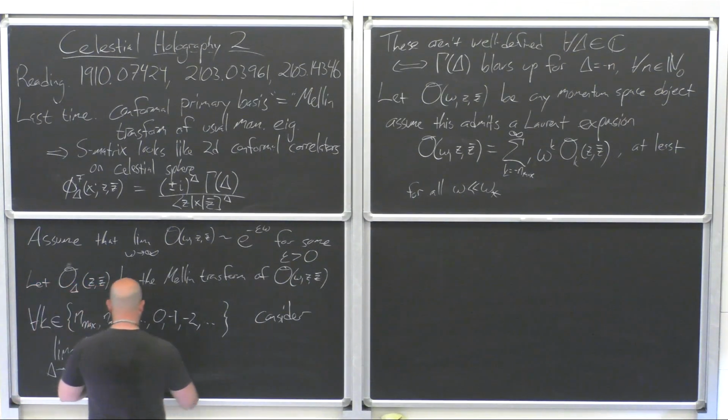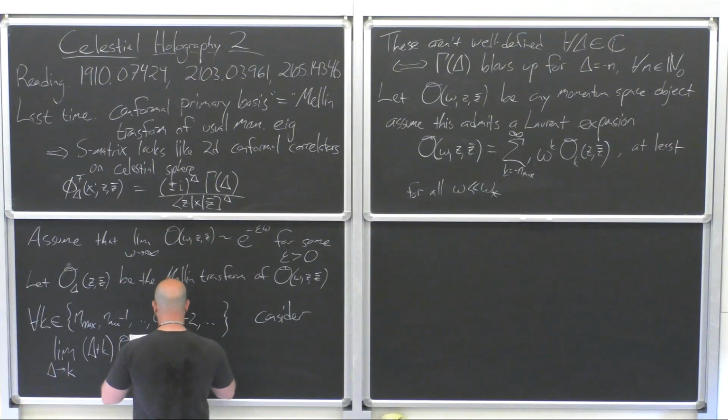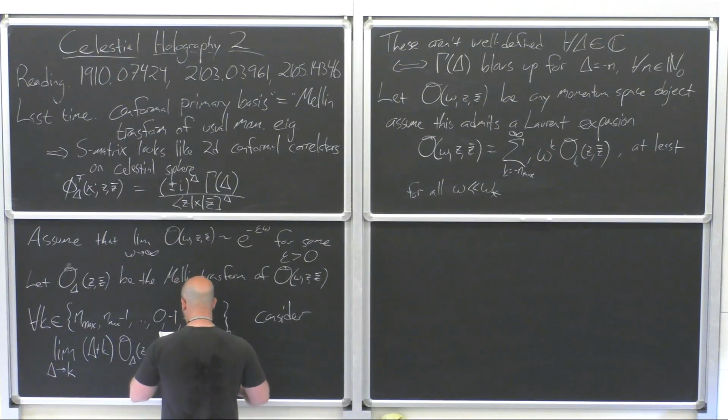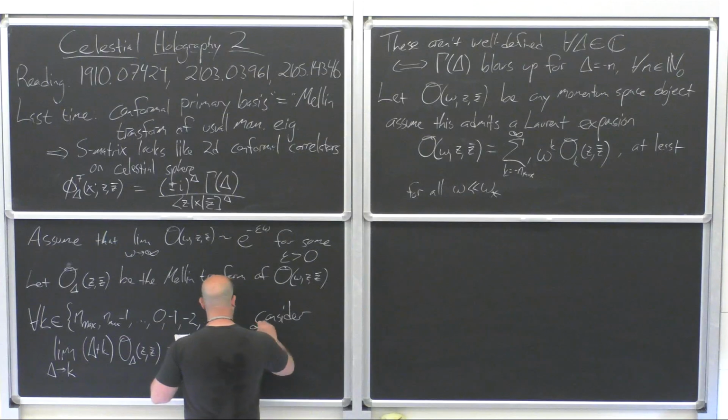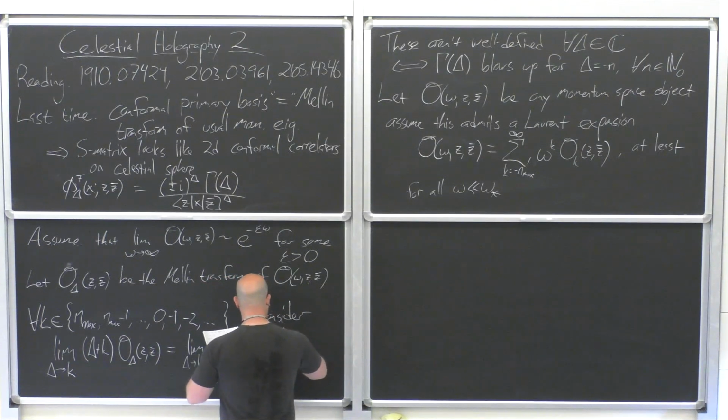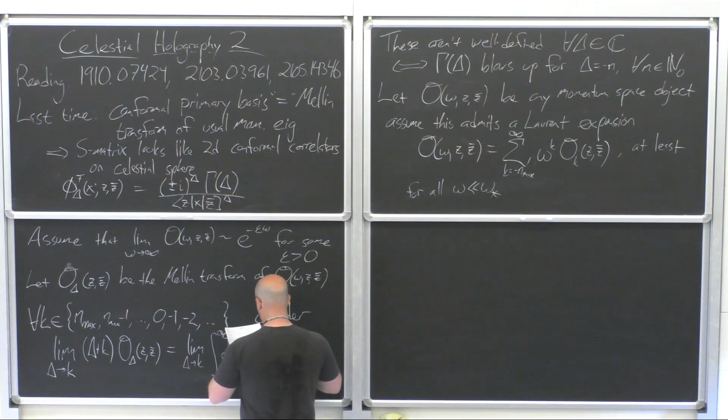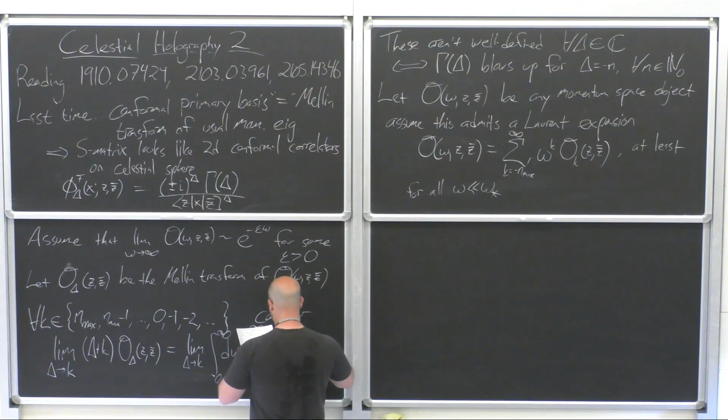So what does this actually mean? This is just the limit delta goes to k, integral 0 to infinity, d omega, some sum over L from minus n max to infinity, omega to the delta plus L minus 1, curly O L z bar times delta plus k.